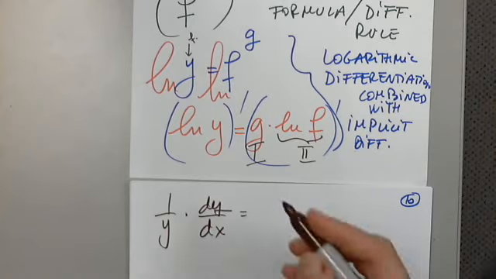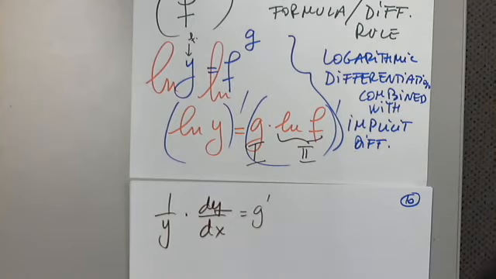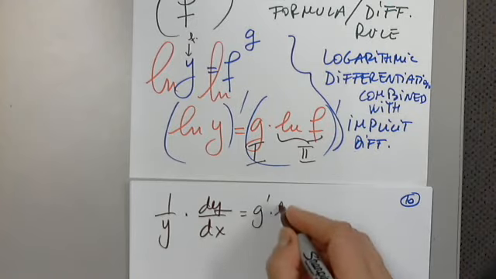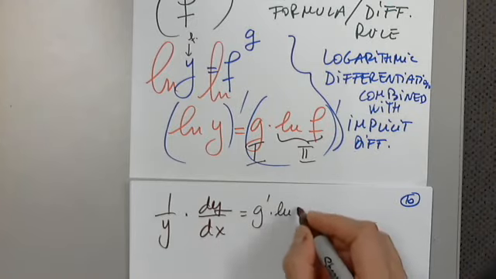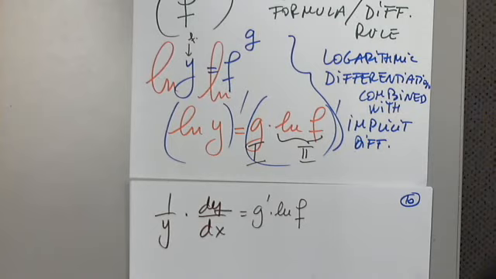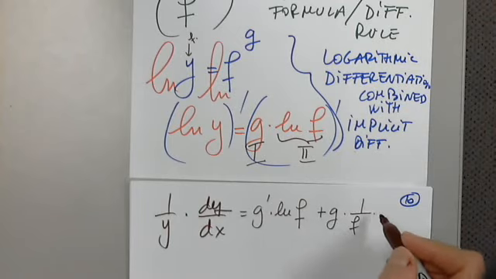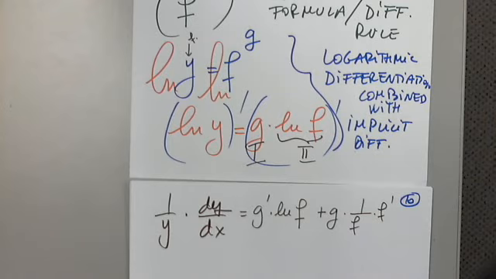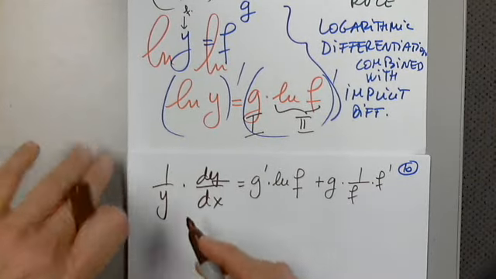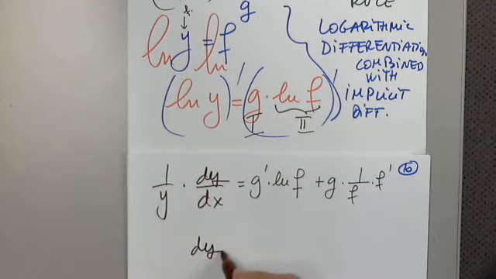I don't have g, right? So I will have to write g prime times natural log f plus g times 1 over f times f prime. Good. So how do I solve this equation for dy over dx? What will be my final step?